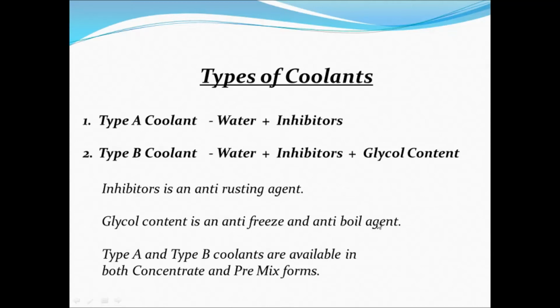So till the time the atmospheric temperature drops below minus 35 degrees centigrade, the coolant will not freeze inside the engine block. And it also increases the boiling point of the coolant to plus 125 degrees centigrade, which is very good for a cooling system.